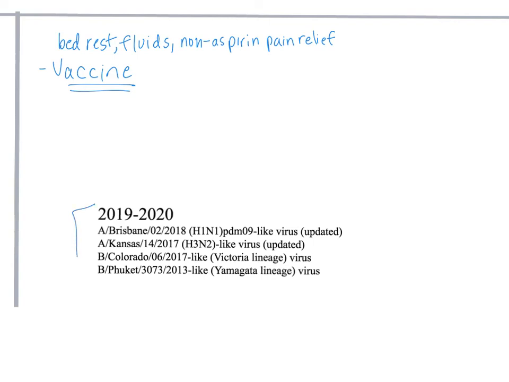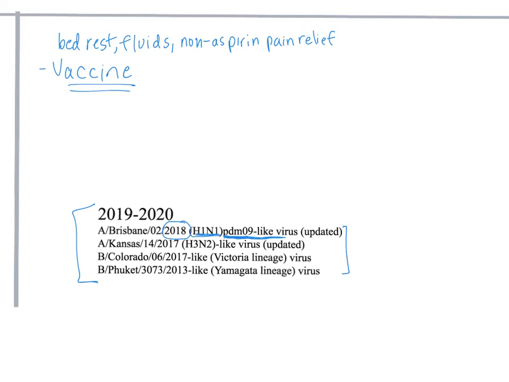I just wanted to put up the formulation for this year's flu vaccine. It got cut off of my last slide when I was talking about it before. There are lots of different variations of the flu vaccine. This one was quadrivalent, so it has 4 different strains in it. This PDM stands for pandemic-like virus. So this is very similar to that strain in 2009, what's considered the last pandemic.